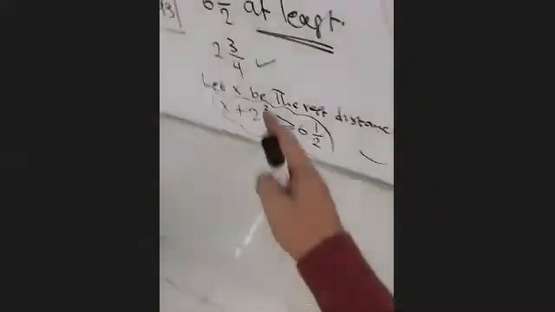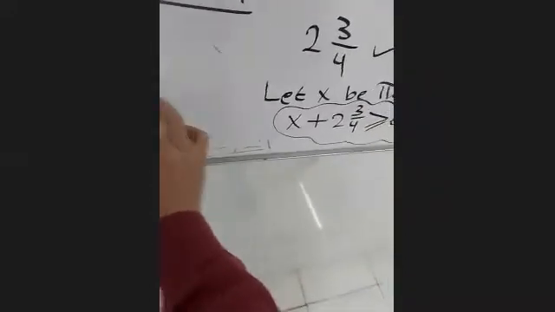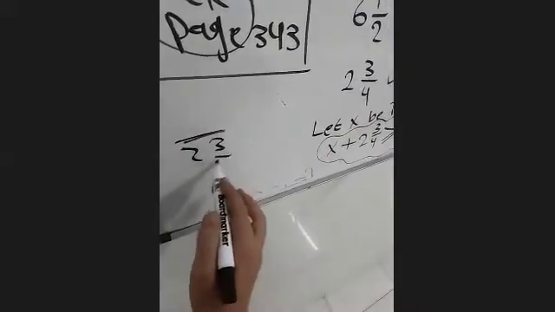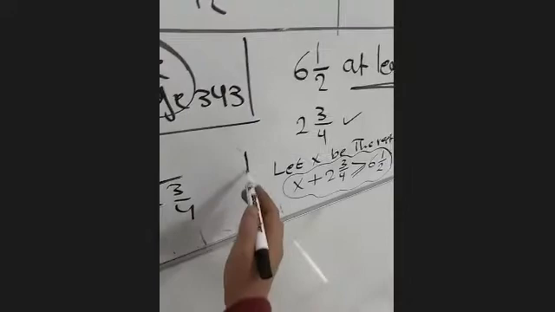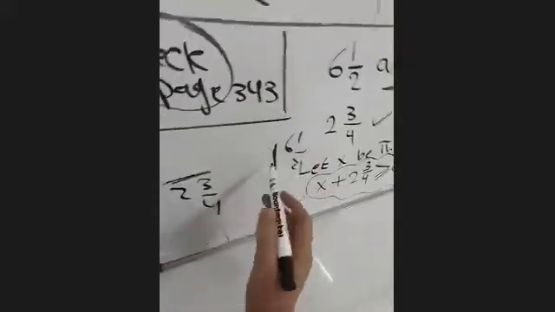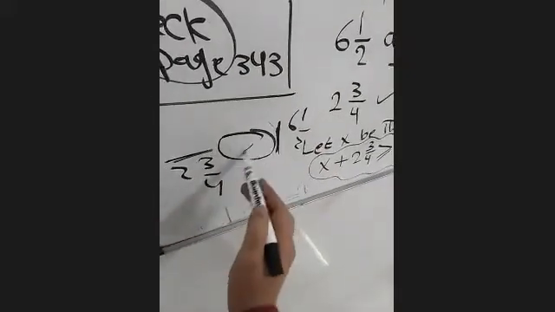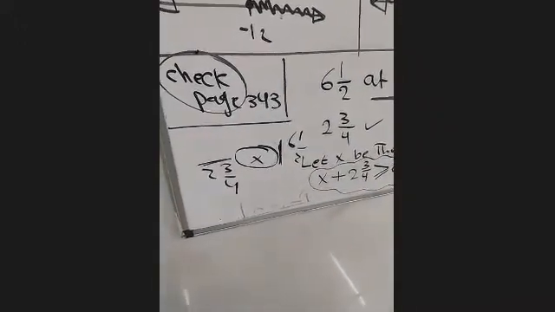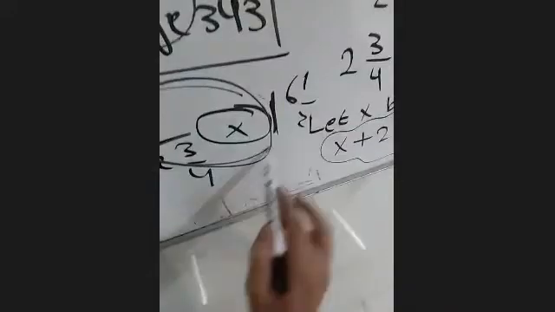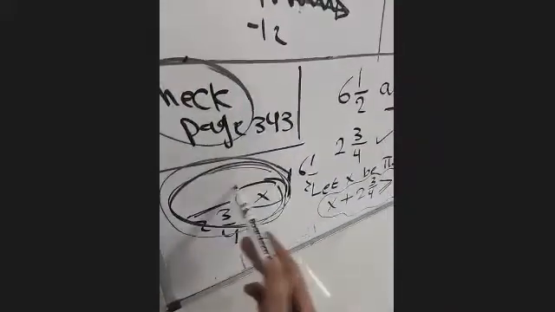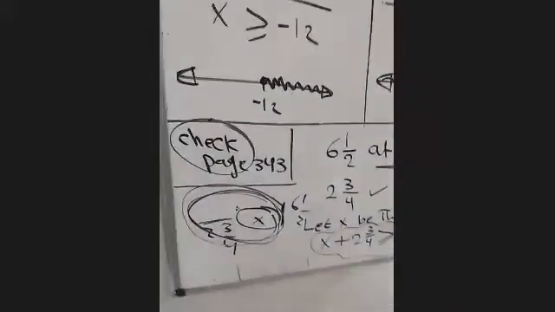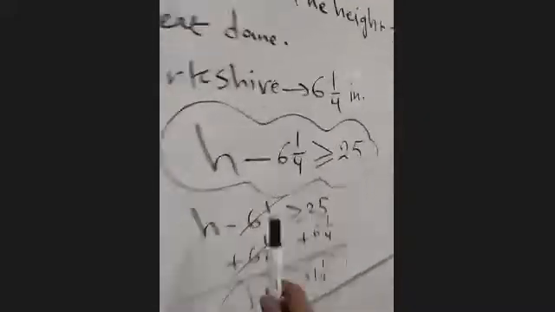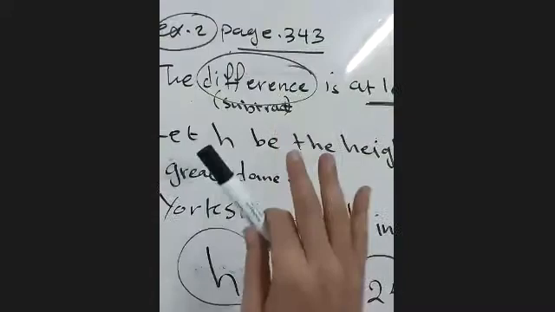Here this girl was walking 2 and 3 over 4, and she wants to get 6 and a half, but we don't know the rest of the distance, so I call it x. To put them together we add or subtract? Add. That's why I added here and subtracted there.